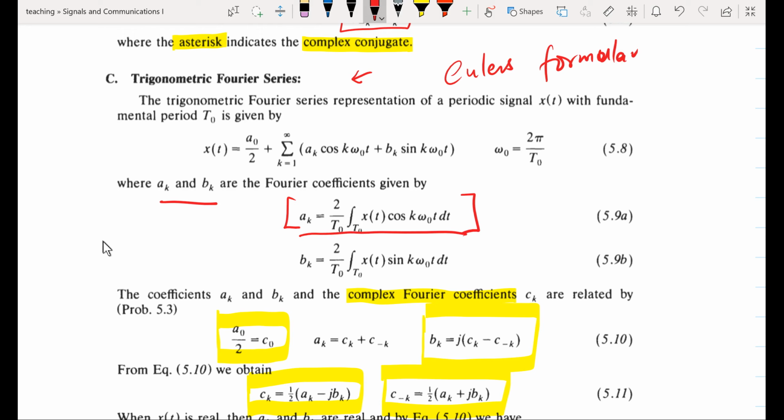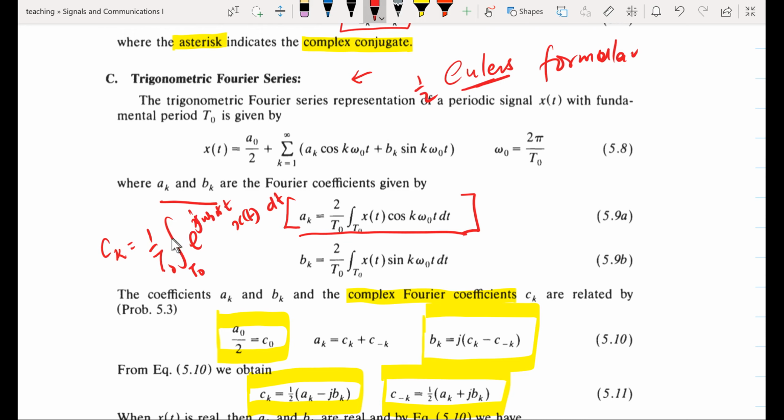So if you remember, c k is 1 over t naught times the integral over one period of x(t) e to the minus j omega naught k t dt. Therefore, as a matter of fact, Euler's formula normally introduces a half when you break the complex exponential into the sum of the cosine and sine.